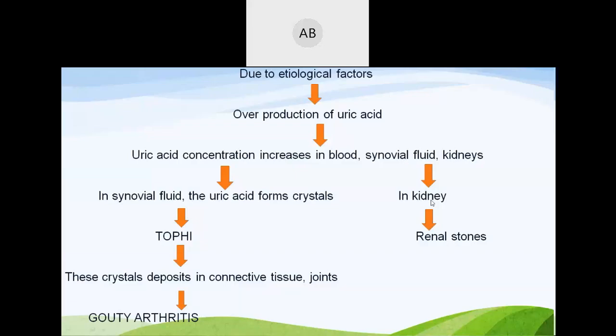Similarly, in the kidneys, more and more deposition or excess accumulation of uric acid may result in uric acid crystals again, which may result in renal calculi or renal stones.